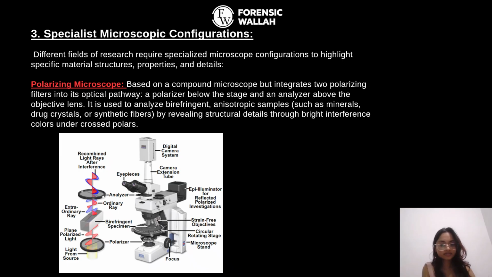When these paths recombine, they reveal beautiful, vibrant interference colors between the crossed polars. This allows researchers to identify unknown crystalline materials and fiber types based purely on their optical crystallography properties.